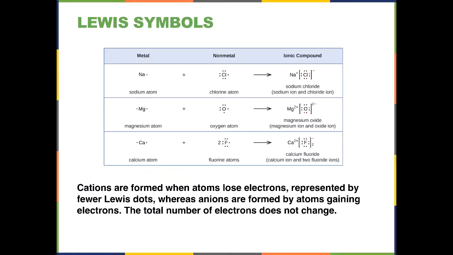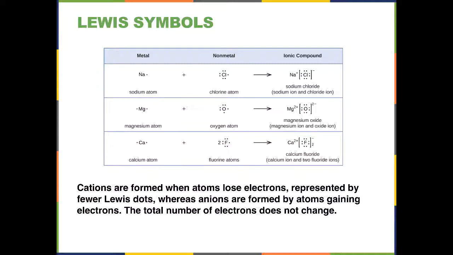So here are some examples of how to draw Lewis structures for ionic bonds. I want to be very clear that you need to do it exactly like this, with the parentheses and showing the 2 ions. This is the way it is done. So you start out, here's sodium chloride, the top one.